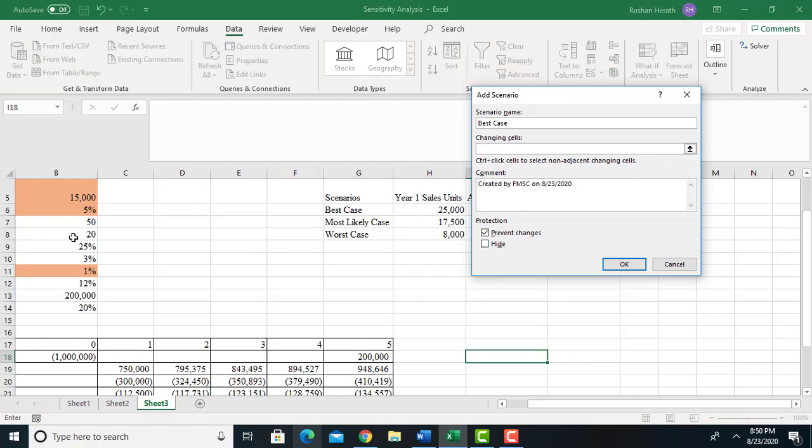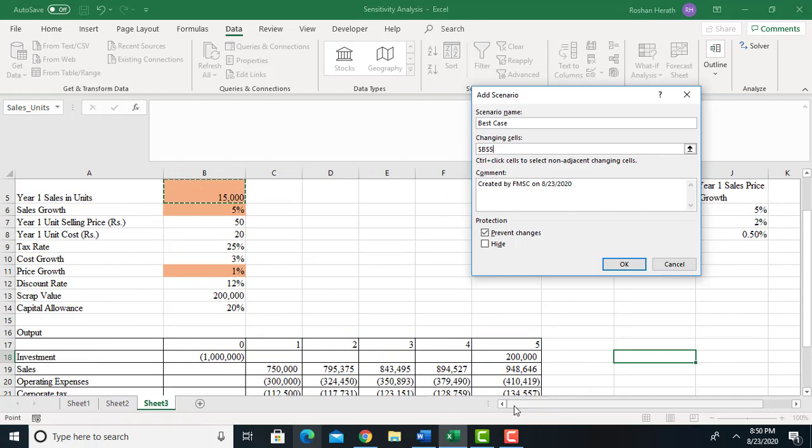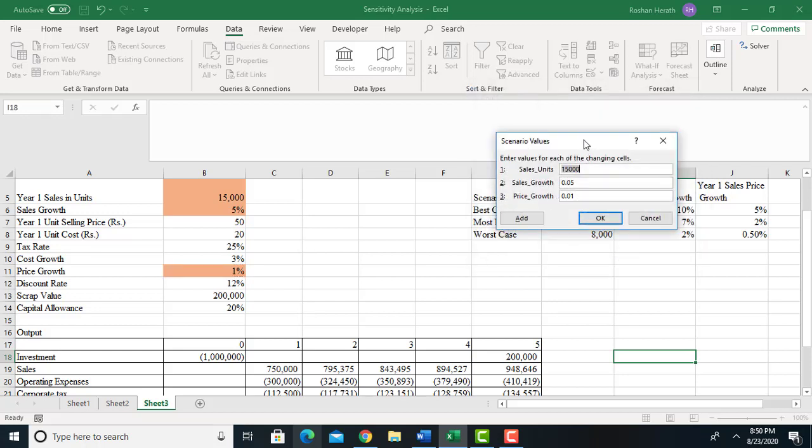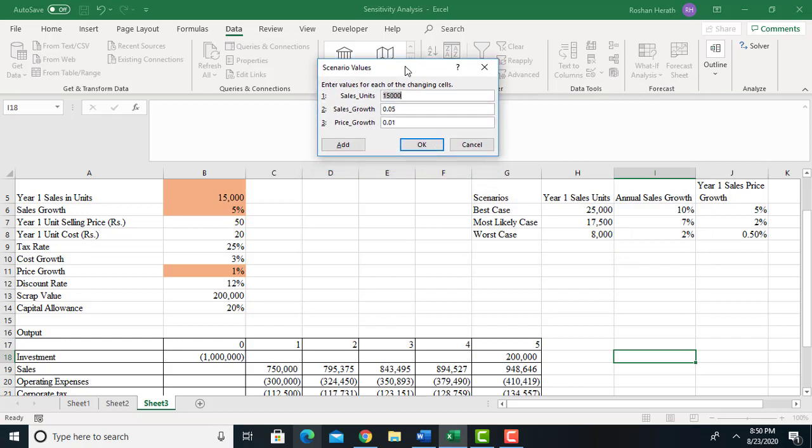You can simply refer to that: the sales unit, comma, sales growth, comma, and price growth. Those are the 3 inputs. You have specified that and say OK. Then you can see the corresponding names of these have come. Now it is quite easy for you to feed the information. Existing values have come over there. You can incorporate the new situation.